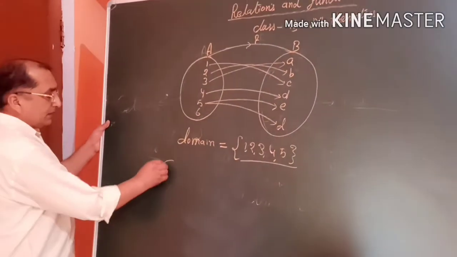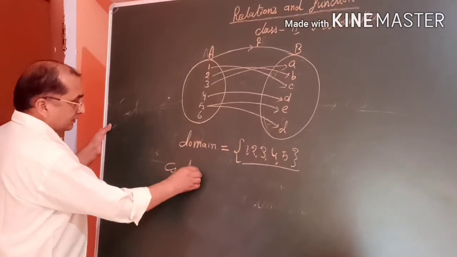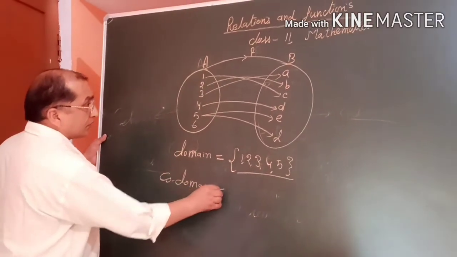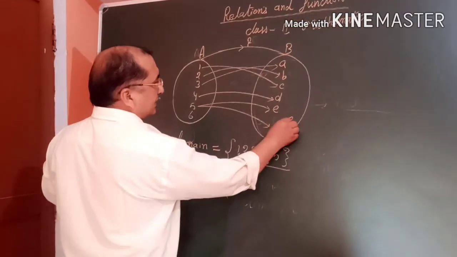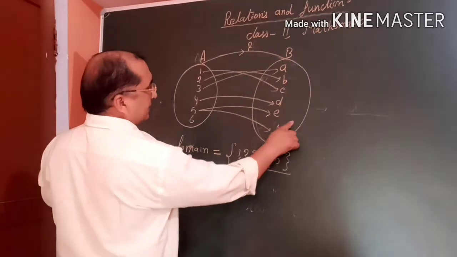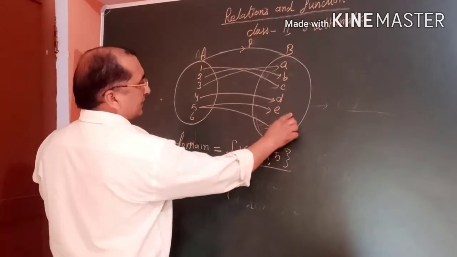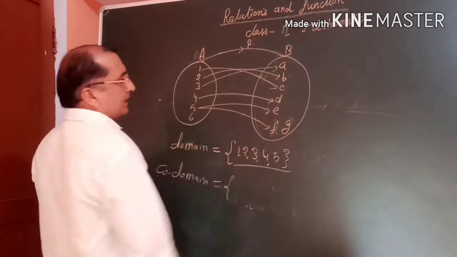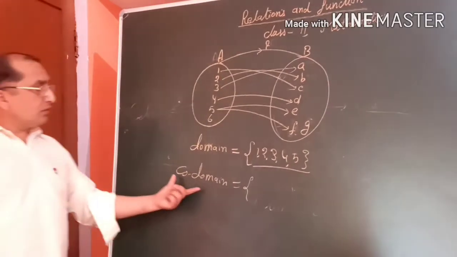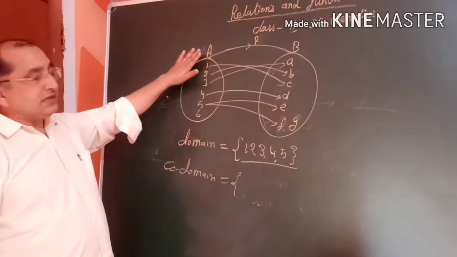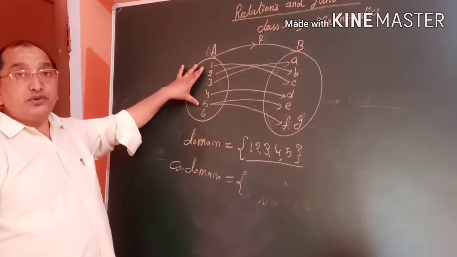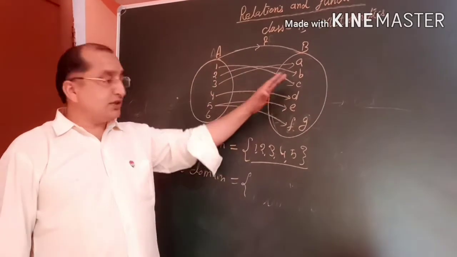And what is codomain? Suppose one more element is here: A, B, C, D, E, F, G. Codomain means all the elements of set B, because in A, only those elements which are related to the elements of B are known as domain.